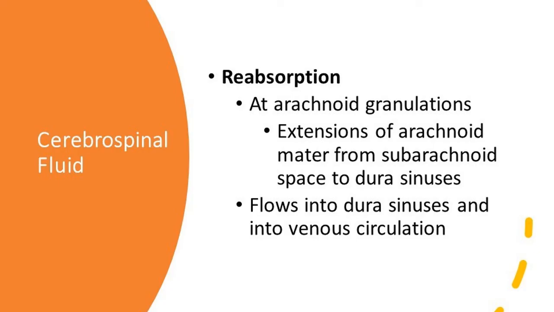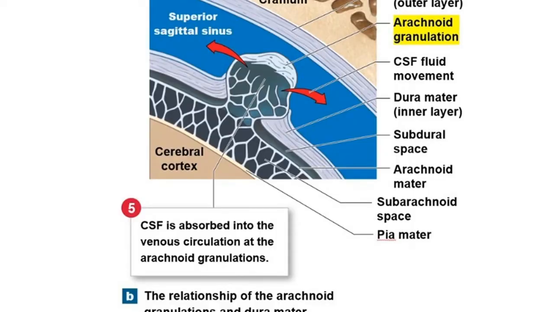So let's see the reabsorption of the CSF. All this fluid that is circulating has to be reabsorbed back. The reabsorption takes place at the arachnoid granulations, and these granulations are finger-like projections along the arachnoid mater. From here, the CSF gets reabsorbed into the dural sinus, and from the dural sinuses it is sent to the venous circulation.